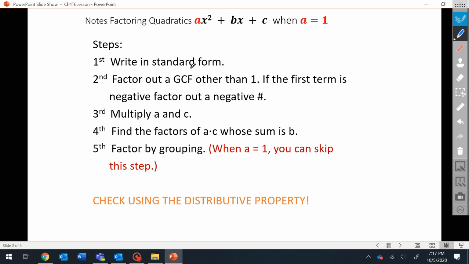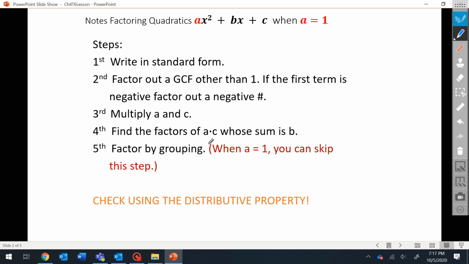First, you write it in standard form. You factor out the GCF other than 1, so of course if the first term is negative, you factor out a negative number. You multiply a and c together. In this case a is 1, so it's just going to be c.